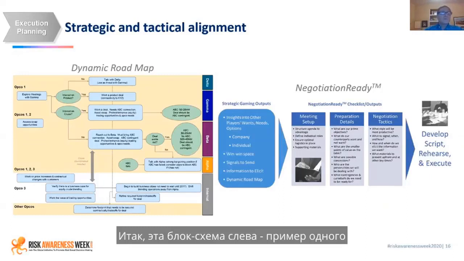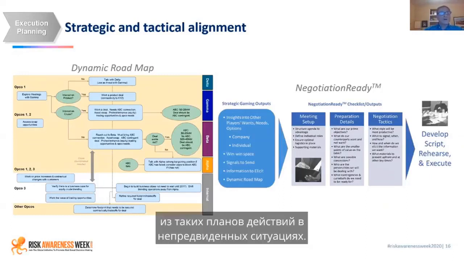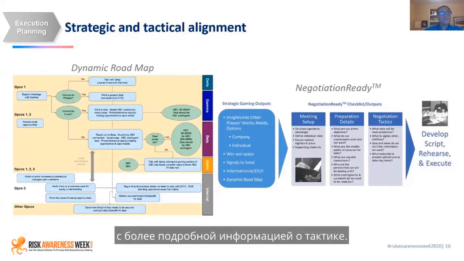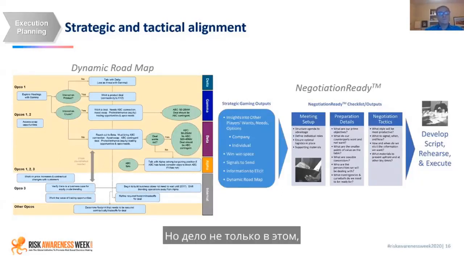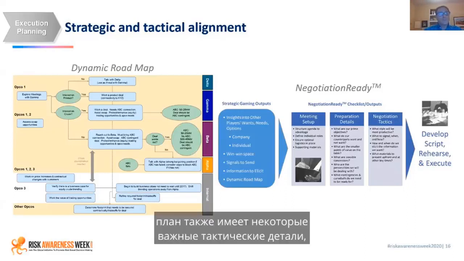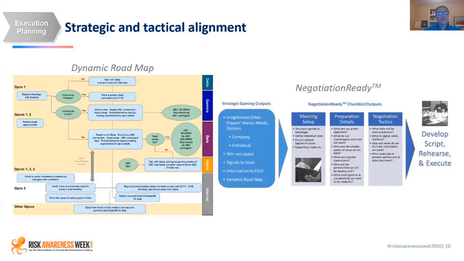And so this flow chart that's shown on the left is an example of one such contingency plan. And typically we supplement something like this with more details on tactics. So it's not just this, but it also has some significant tactical details that we develop with the client.